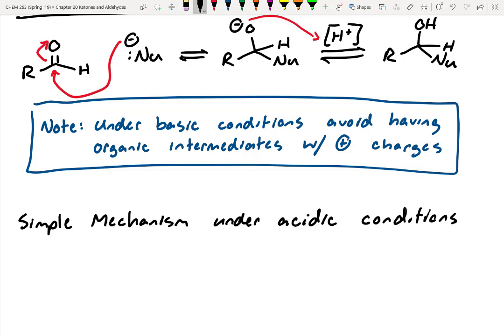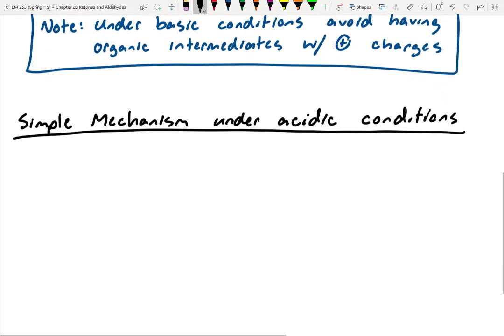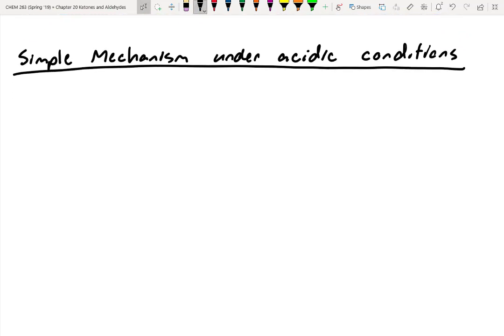It's pretty similar, but there's a bit of small difference. All right, so let's say we've got our aldehyde around, but this time we've got our nucleophile. Oops, I should keep the equilibrium arrows.